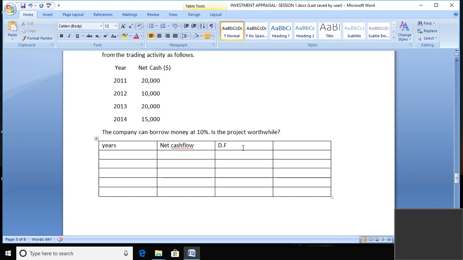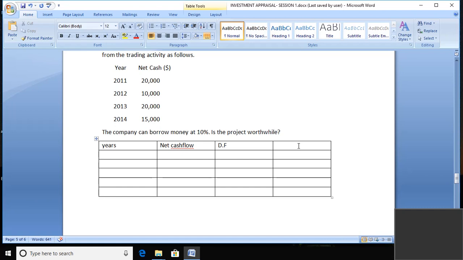Discounting factor, that's the factor. However, you can get the discounting factor values from the discounting factor tables or the present value tables. Don't go to the cumulative one. We explain cumulative discounting factor or cumulative present value tables when we talk about annuity. For now, you will just go to the present value tables and get these DFs.